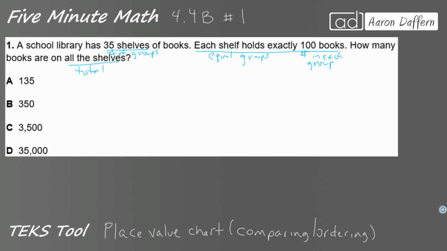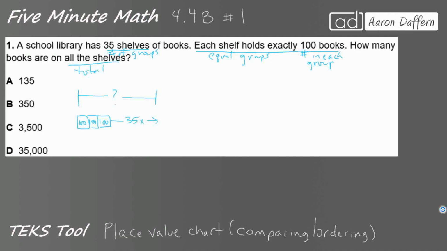So if we wanted to set this up with a strip diagram, we could, but that's ultimately not what we're going to use. So let's say we're looking for a total here, and then let's say we've got sets of 100, 100, 100, and that's going 35 times.